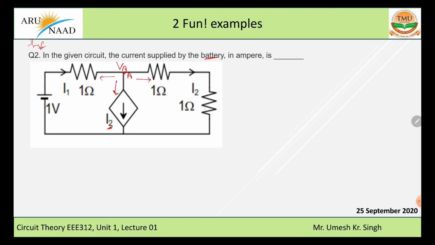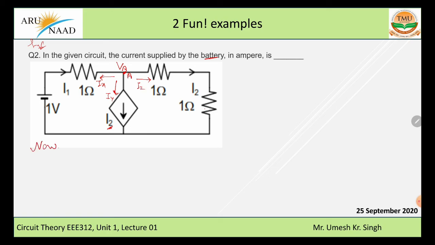The benefit is that when we write the node equation, we will always get positive values. You can name these currents 1, 2, 3, or A, B, C, or X, Y, Z. Here VA and 1, 2 have been used, so I am using Ix, Iy and Iz.